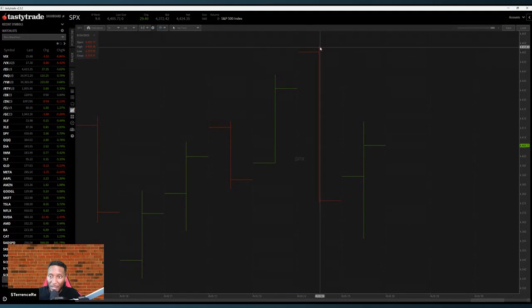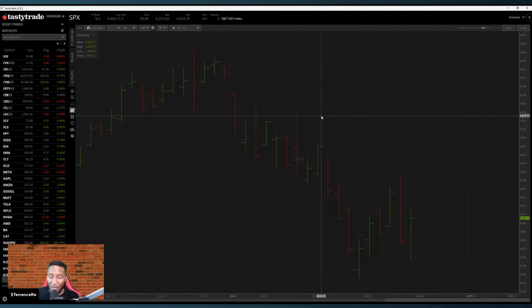It went up just a little bit, but then it came all the way down here and then closed at the bottom. So it closed lower than it opened, which gives you a red bar. And that's the basics. So you got your open, your high, your low, and your close.